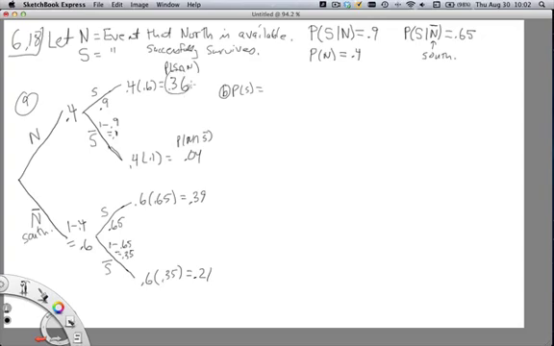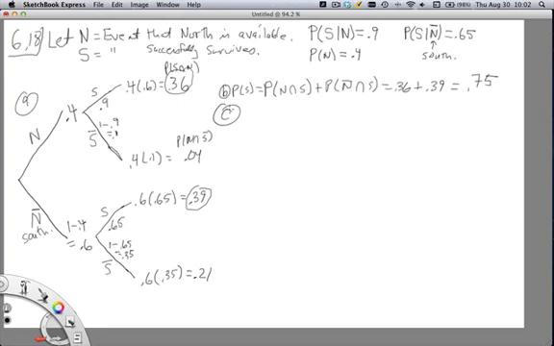This way or this way. And we just add those up. So you can think of, what is the probability of survival? Well, either I'm in the north and I survive, or I'm in the south and I survive. So this is going to be 0.36 plus 0.39 equals 75%. So just add those two up and you get the answer.